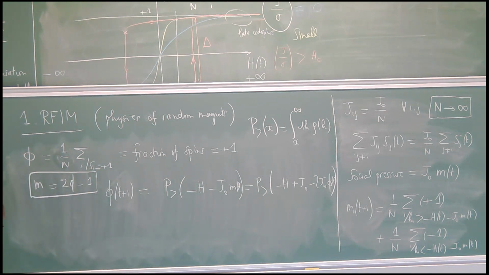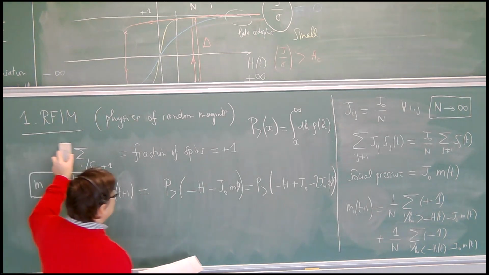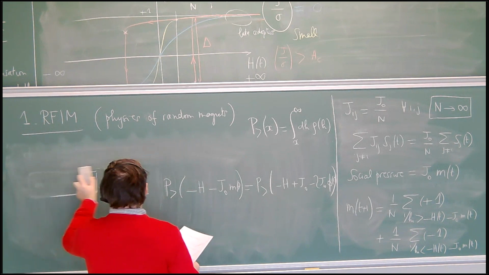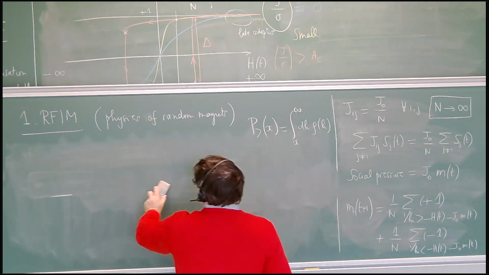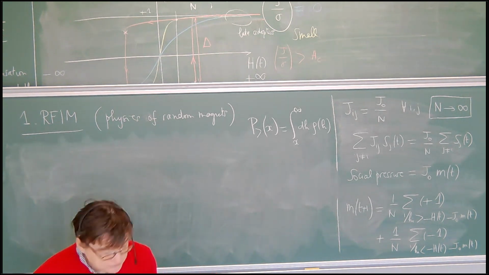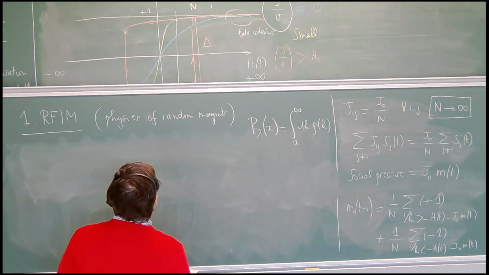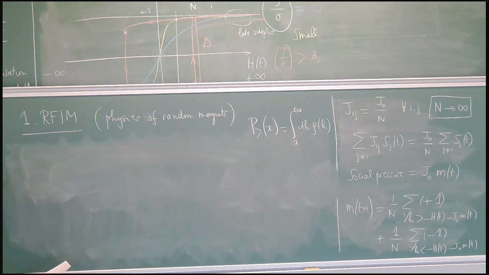Okay, so I'm going to just erase these definitions and rewrite them to have a little more room. So I've introduced two notations that are related, m and phi, and I'm going to flip between them depending on the problem I'm discussing. But let me go back to m.